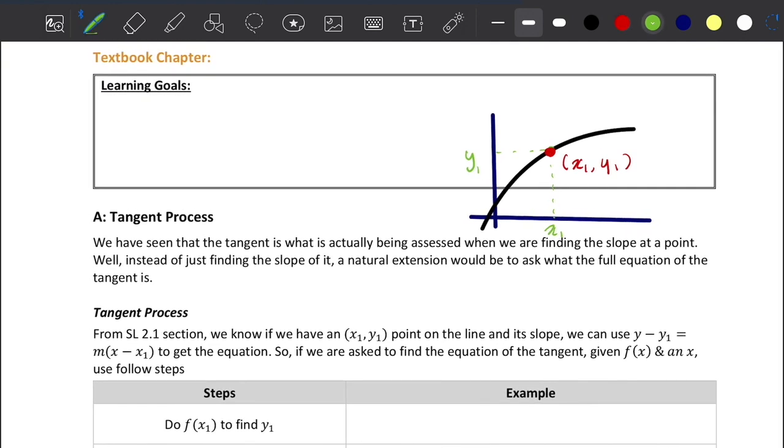This means if I draw a tangent line that passes through the point x1, y1, the tangent line and curve will have the same slope at that point, and around the point the line will only touch the curve once.